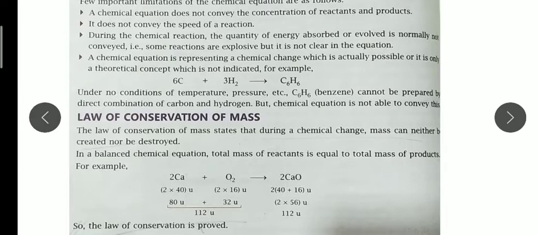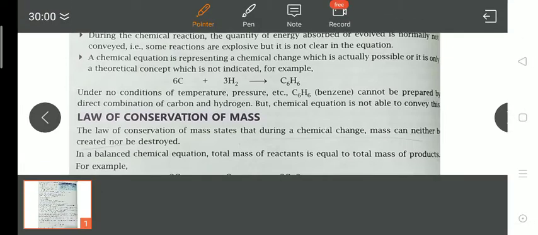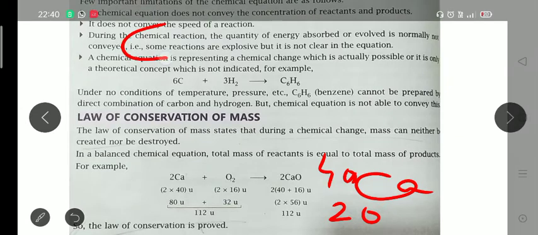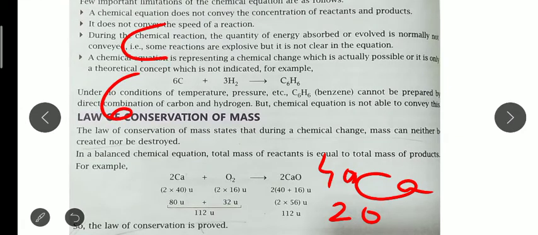For the law of conservation of mass, you all know that every element has an atomic number and a mass number. For example, calcium has atomic number 20 and mass number 40. Similarly for carbon, and for oxygen we have 16.